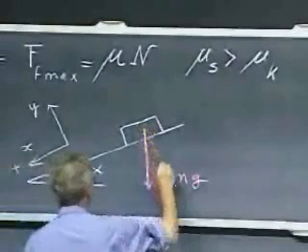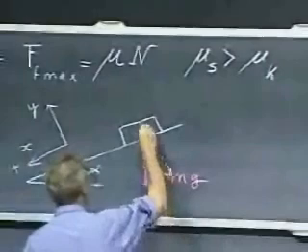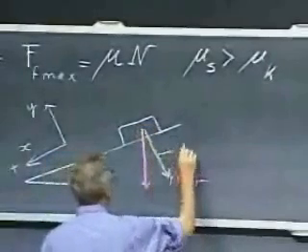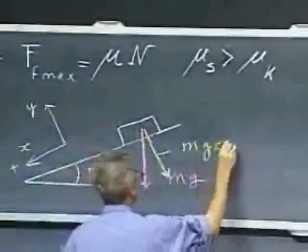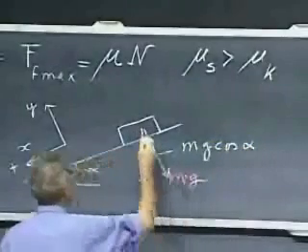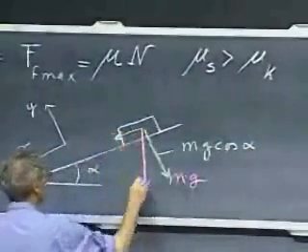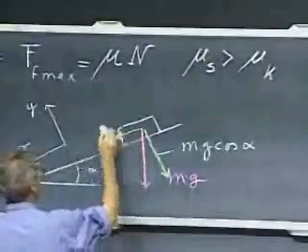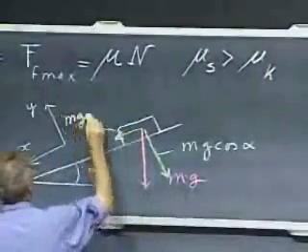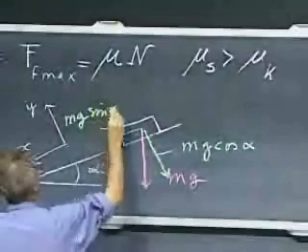So I have one component here, and this component equals mg times the cosine of alpha. And I have a component in the x direction, which is mg sine alpha.